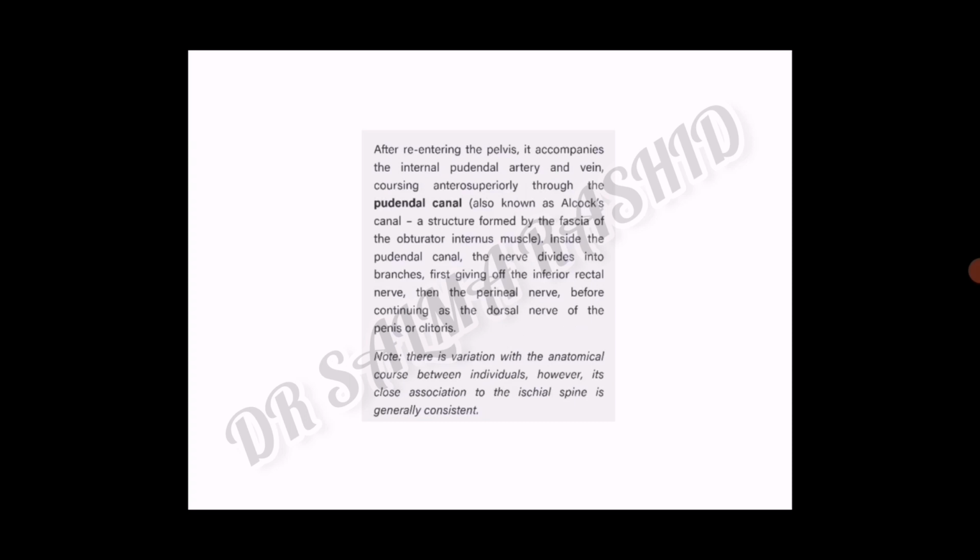After re-entering the pelvis, it accompanies the internal pudendal artery and vein, crossing anterior-superiorly through the pudendal canal, also known as Alcock's canal, a structure formed by the fascia of the obturator internus muscle.